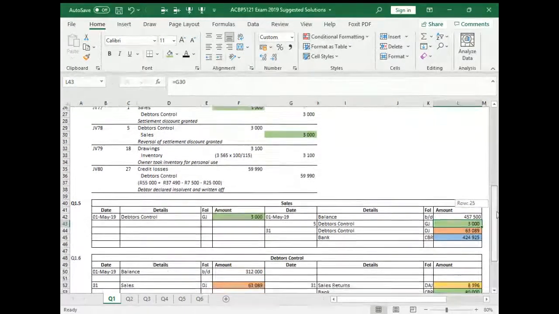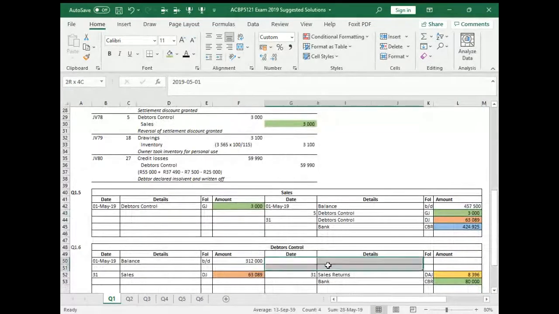So the first one, we credit debtors journal with the 3,000 Rand there. And then we reverse that same transaction on the 5th. So now I'm debiting the debtors control general ledger with that same amount to do the contra.